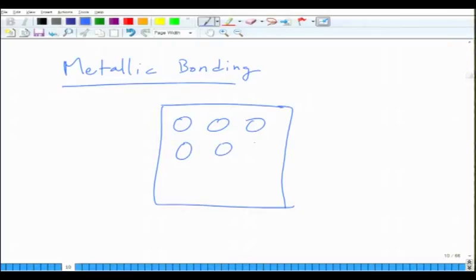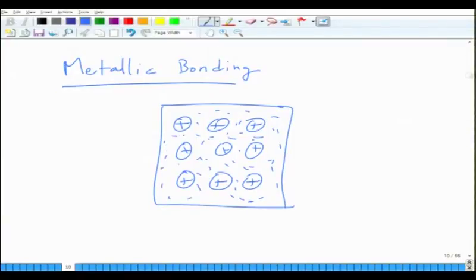Positive core atoms are left behind, and these are surrounded by zillions of electrons, which are basically the valence unpaired electrons. So, you can say, a sea of free electrons.